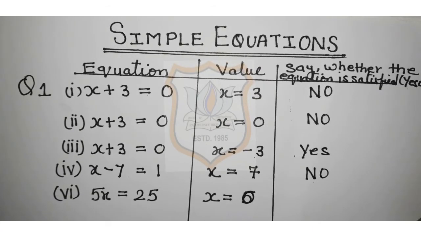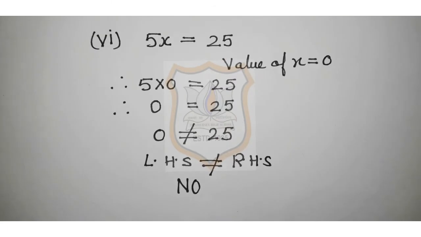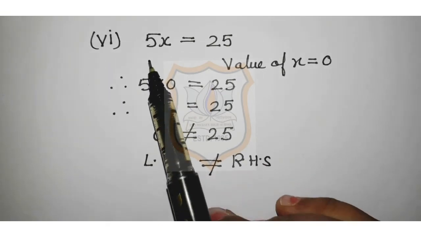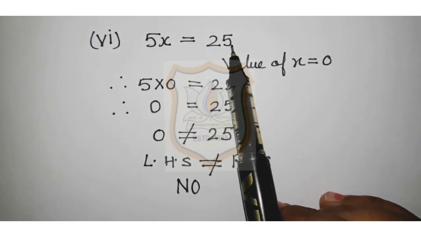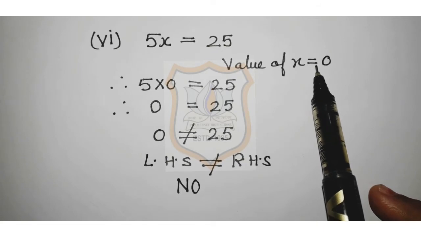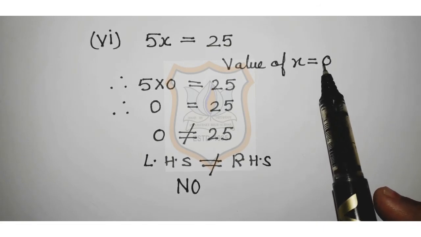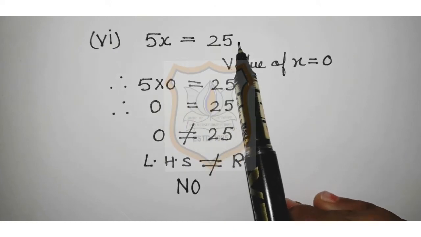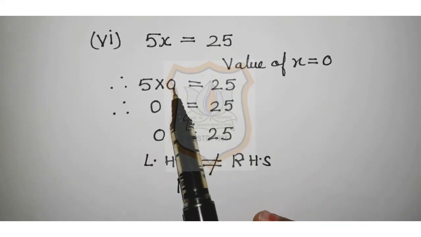Now let's solve sixth part of question number 1. That is 5x is equal to 25 and the value of x is equal to 0. Now we will put the value of x in 5x is equal to 25. So 5 into 0 because value of x is equal to 0.